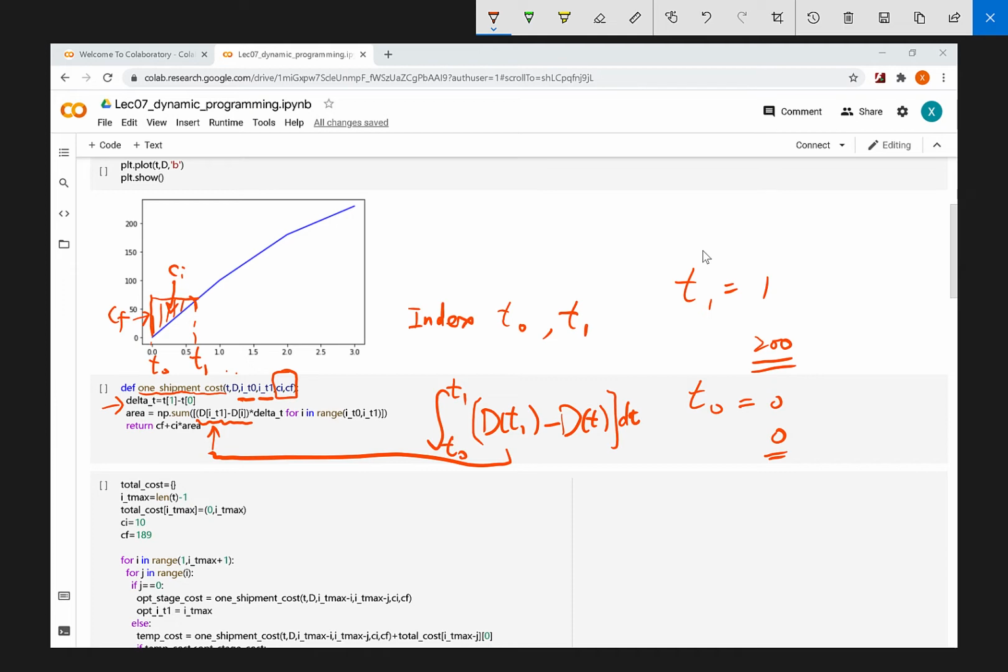And then for d(t), we just use each time step to estimate, and delta t is this delta t here. The range is given by t0 to t1, and we give the index for t0 and t1, ranging from t0 to t1, corresponding to the lower bound and upper bound. And then we calculate the one-step cost based on one shipment fixed cost CF plus the inventory waiting cost CI times the area.